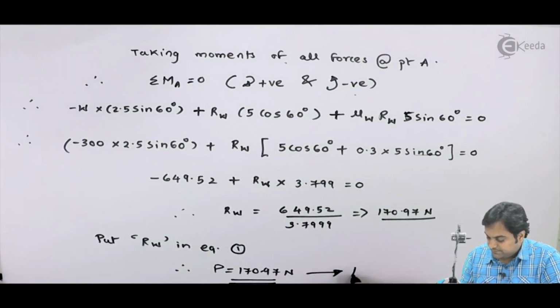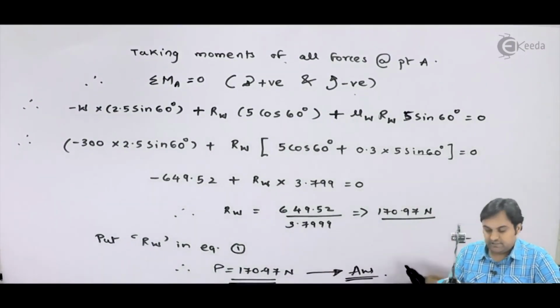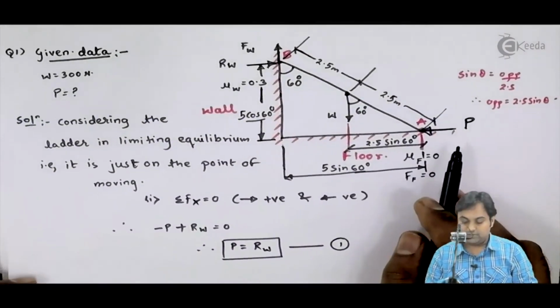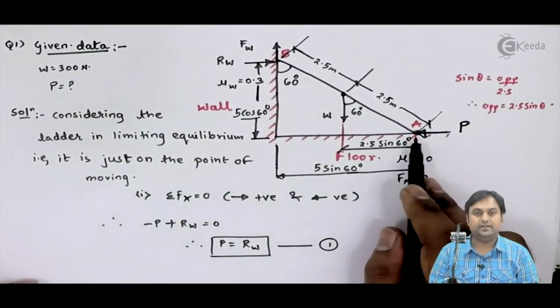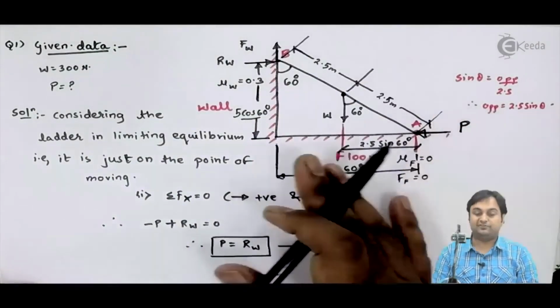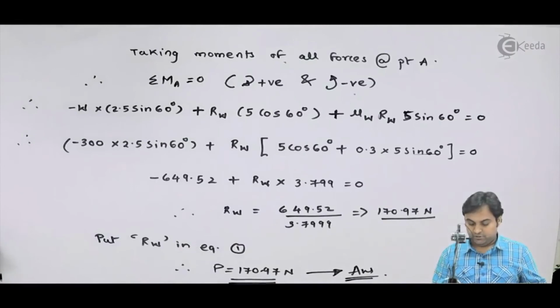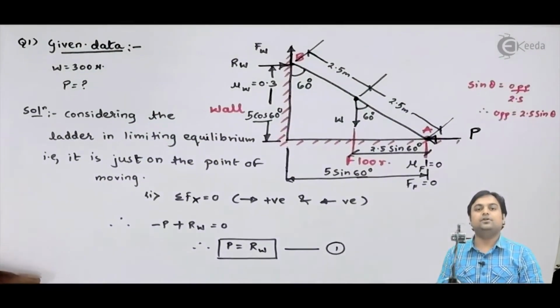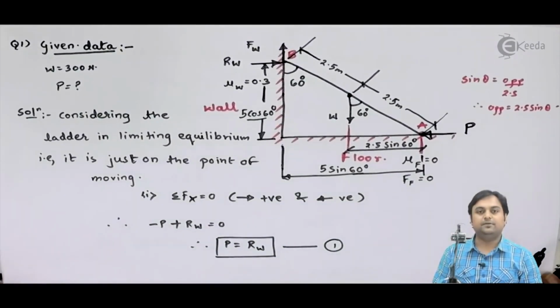That's the answer. In this question, they were telling us to calculate how much load should be applied at the bottom of this ladder to avoid the ladder from slipping, and that answer is 170.97 Newton load would be applied to avoid the slipping of this ladder. And with this we complete the question.